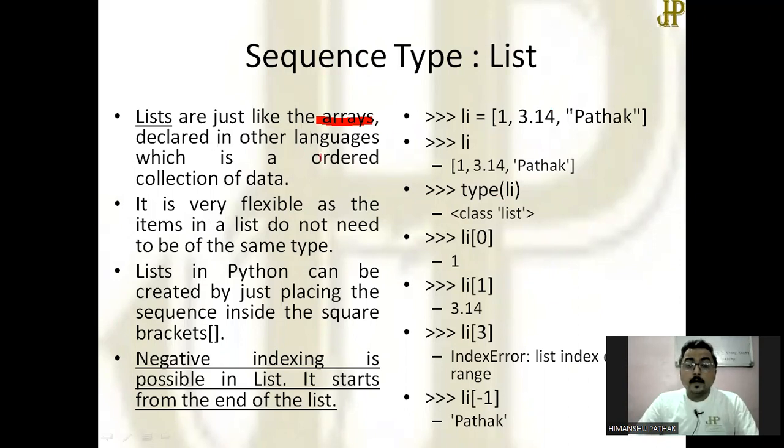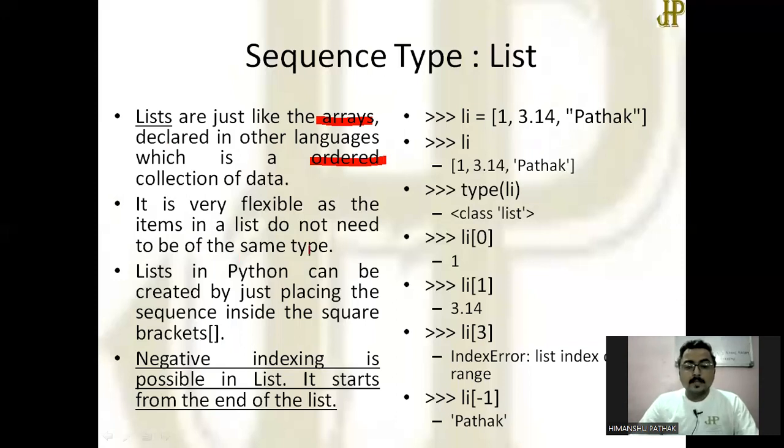It is an ordered collection of data, which means there is indexing. The first value is stored in the 0th position, the second value is stored in the 1st position, and so on up to n minus 1 position, just like an array. Clear?